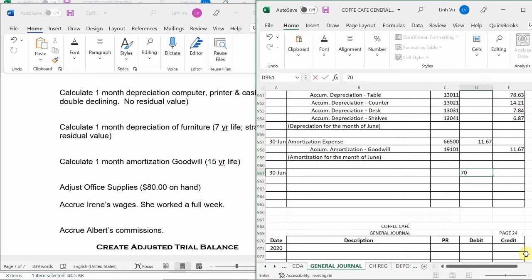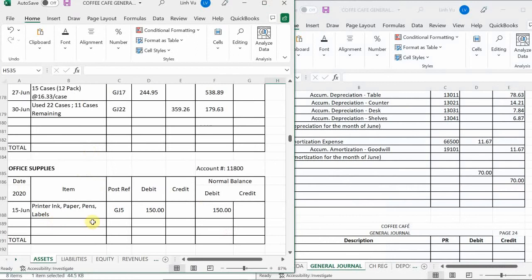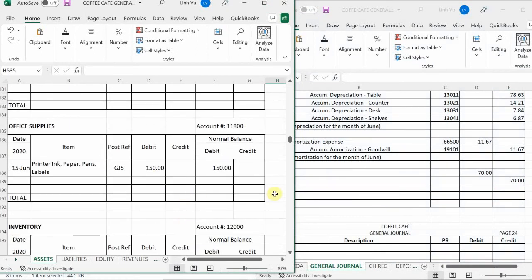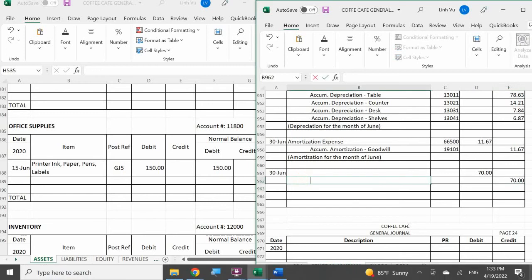Now in this case, that means I need to adjust my office supplies to represent that I don't have $70 worth of office supplies. So in this case, looking at my ledger, if I need to go from 150 to $80, that means I must decrease my office supplies, right?